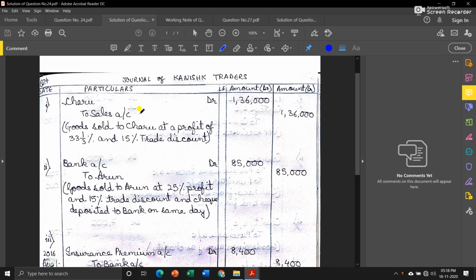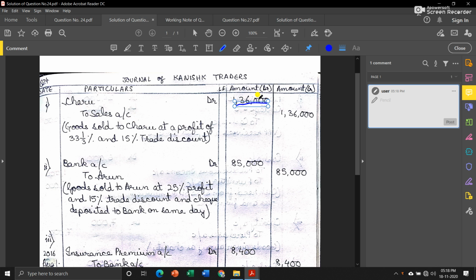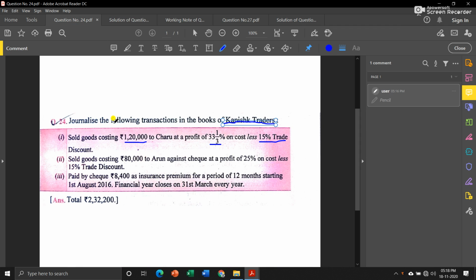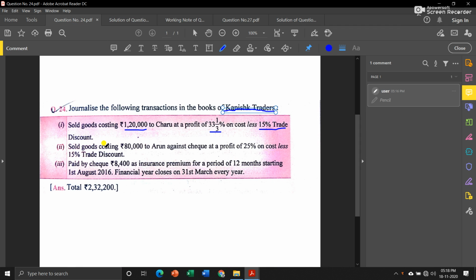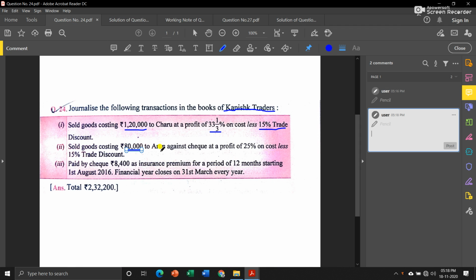Since they haven't mentioned whether this sale was cash or credit, we will assume that this sales transaction was credit. So we will write Charu's debit to sales account, and the total amount we will write is the selling price after deducting trade discount, so 1,30,000.